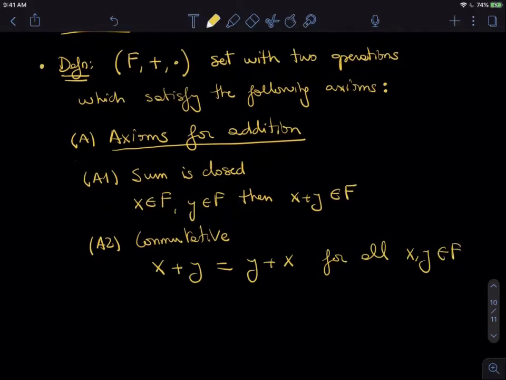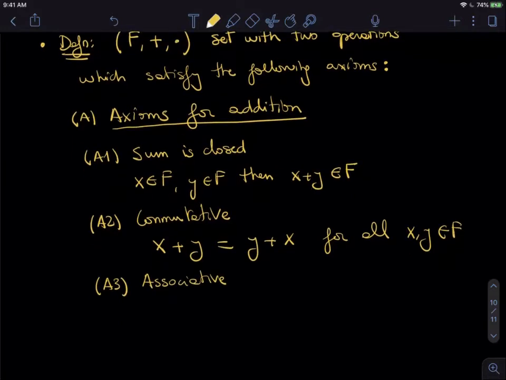Now, the third axiom is the associative property. Okay, this means if I do x plus y plus z, this is the same as doing x plus parentheses y plus z. So when I add 3 elements, it doesn't matter, you see, because the operation is defined for 2 elements.